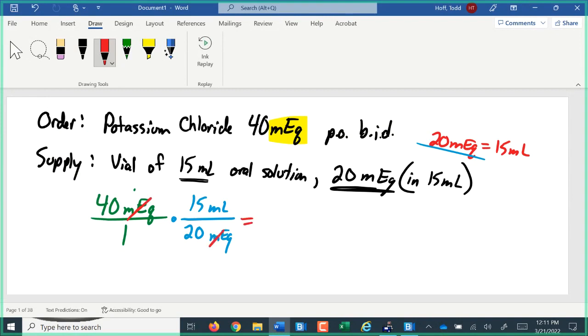Milliequivalents cancel out, and on top we have 40 times 15 milliliters is 600 milliliters, over 1 times 20 is 20. We divide that out, that is simply 30 milliliters. Now, the bottle is 15 milliliters, which means we have to use 2 vials here to get that amount of medication into the patient.